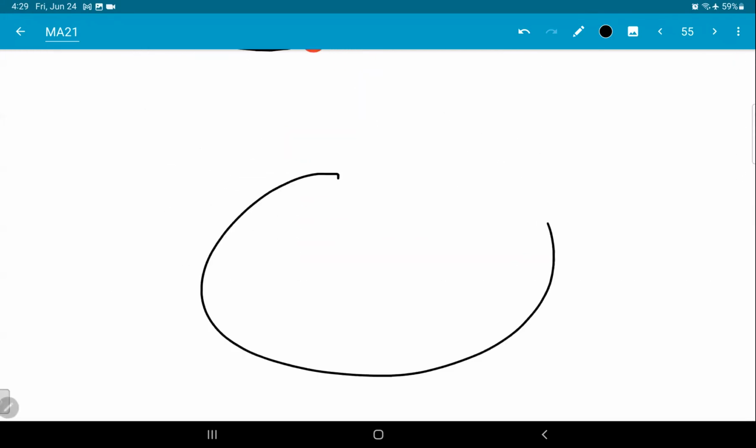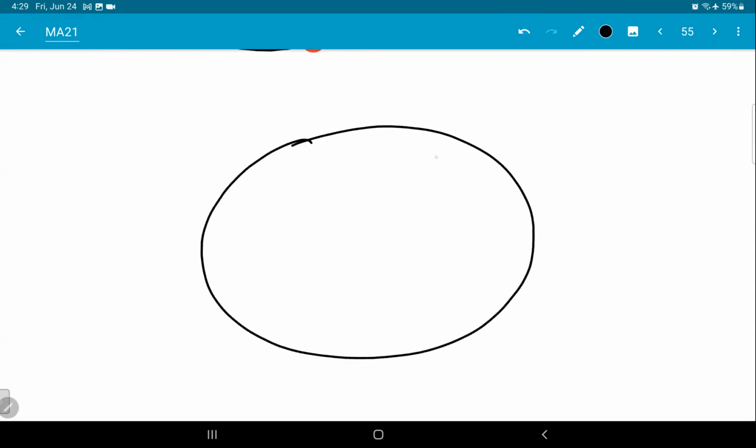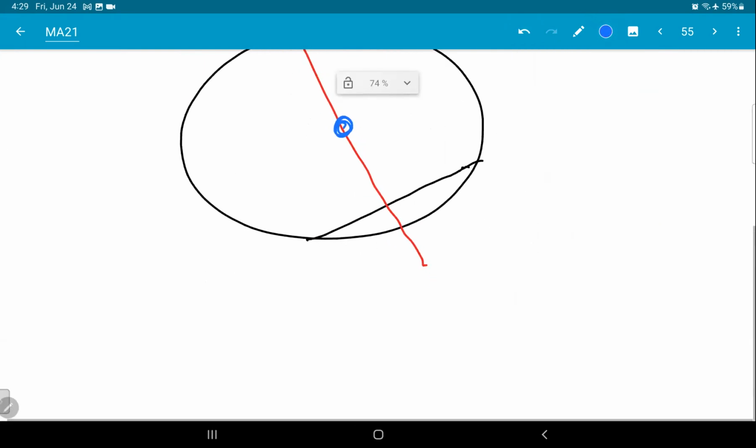So, if you have a circle and you draw any chord of the circle and you draw the perpendicular bisector of the chord, where will it pass? The center, yes, always. Let me state that.